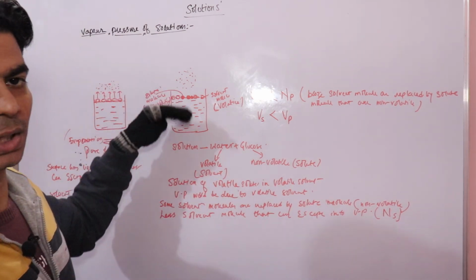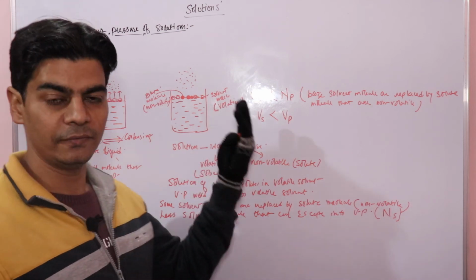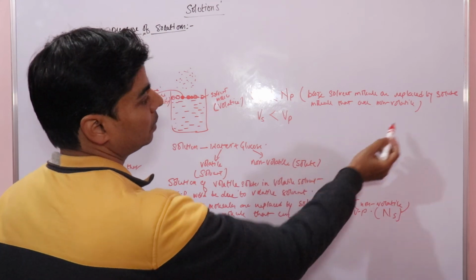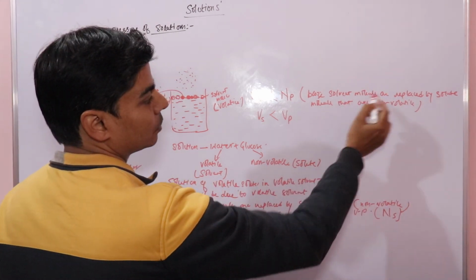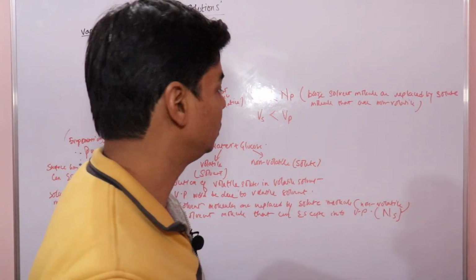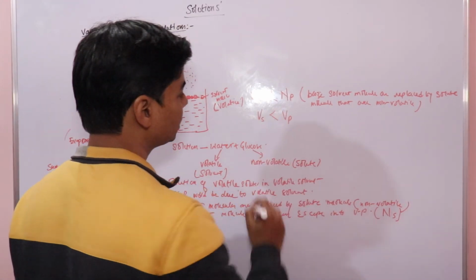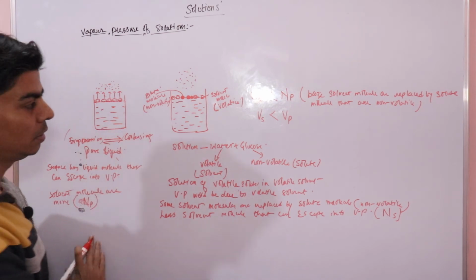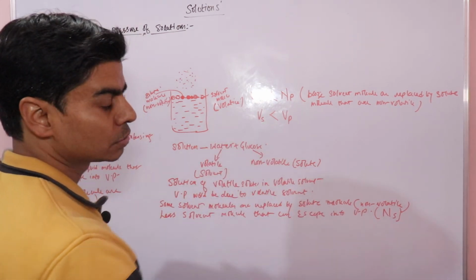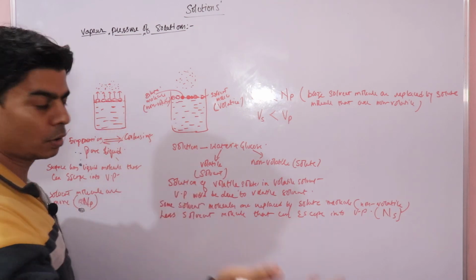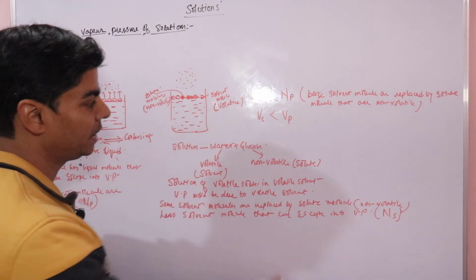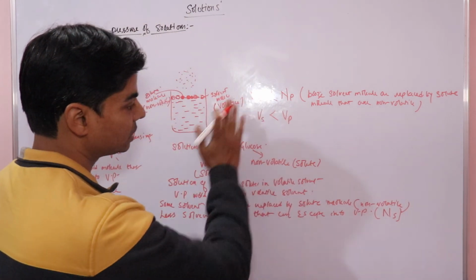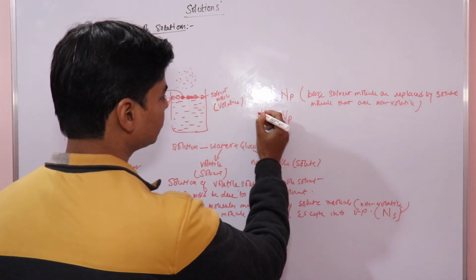Due to less volatile solvent molecules. And why do we have less volatile solvent molecules? Because some are replaced by non-volatile solute molecules, which is glucose in this case. So vapor pressure of solution would be less compared to the pure solvent, because some of the volatile solvent molecules at the surface are replaced by non-volatile solute molecules. So this will result in less vapor pressure.